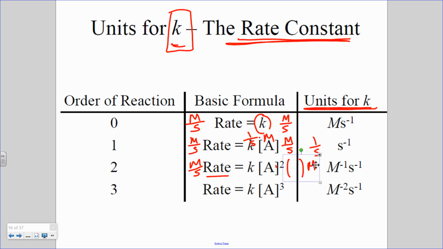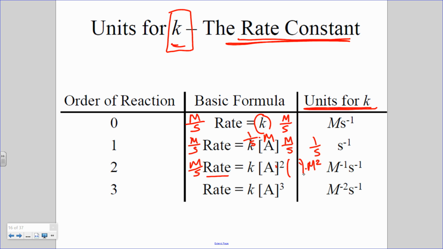If this is molarity squared for A, I'm going to write K right here. What do I have to write right here? When I multiply this times molarity squared, I get molarity over second. So what do I need to do to get that?